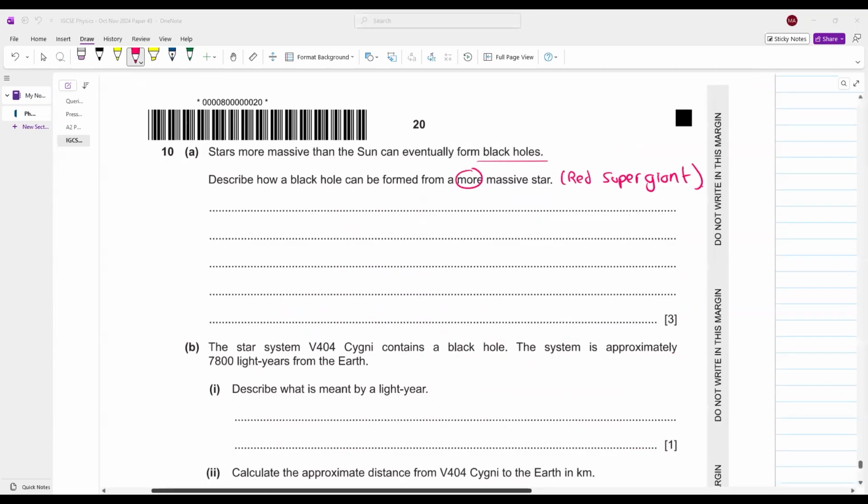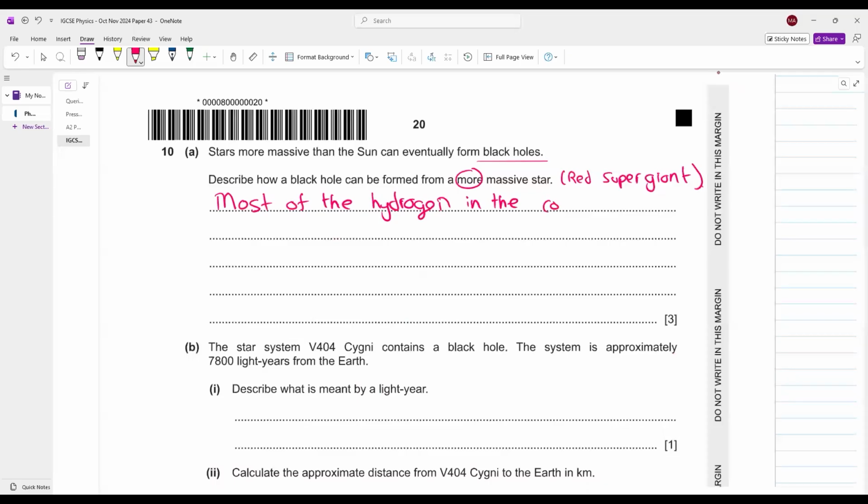You will say most of the hydrogen gets converted into helium and then hydrogen runs out. Most of the hydrogen in the core of a star gets converted into helium.